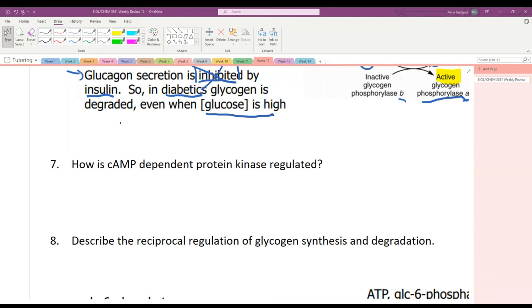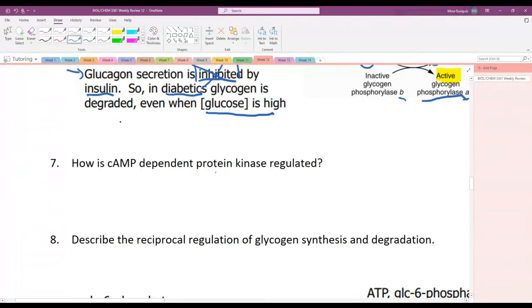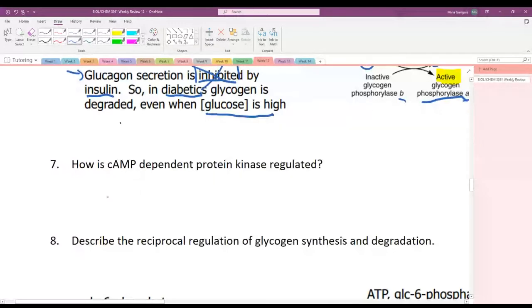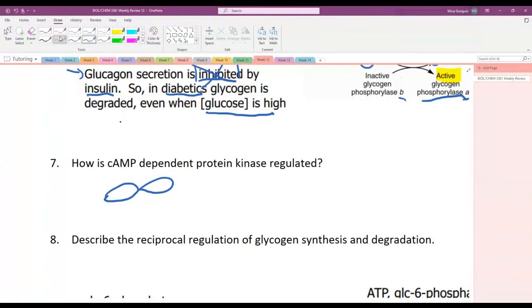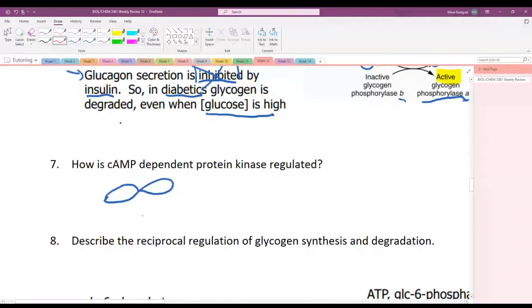But cyclic AMP is complicated, and here's why I say it's complicated. cAMP-dependent protein kinase, which I'm just going to call the kinase, is regulated in the sense that it has 4 subunits. Once again, we're going to use colors for these. We have 2 of the first subunit and 2 of the second subunit.